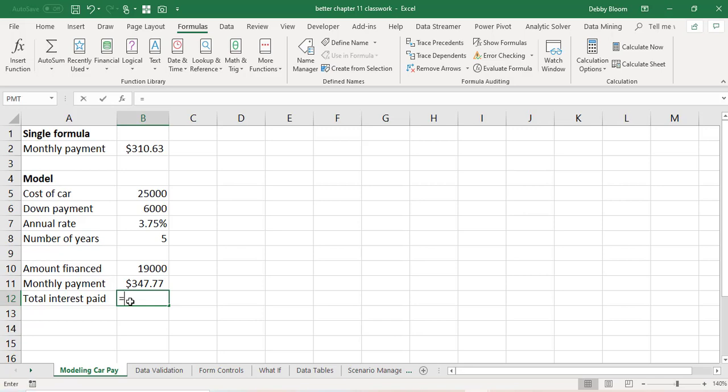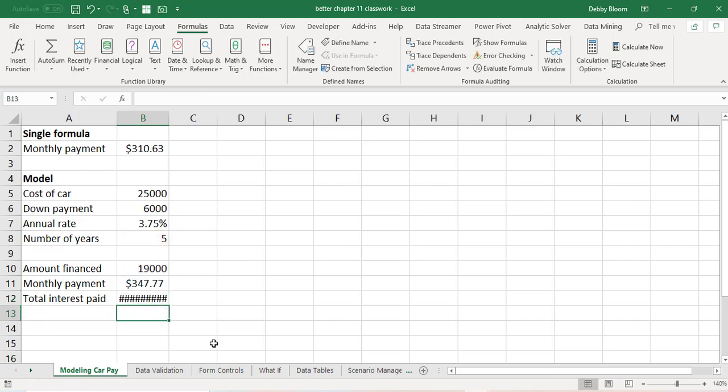I'm going to type equals. I'm going to click on cell B11. I'm going to multiply that by the number of years, cell B8. I'm going to multiply that by 12. So that is 60 payments of $347.77 a month. And then I subtract out the amount financed. So I'm going to click on cell B10 minus B10.